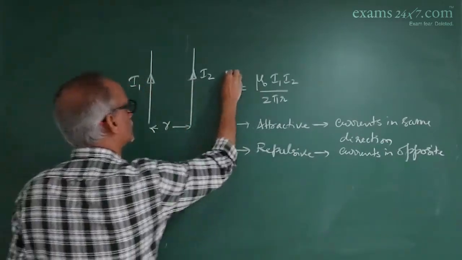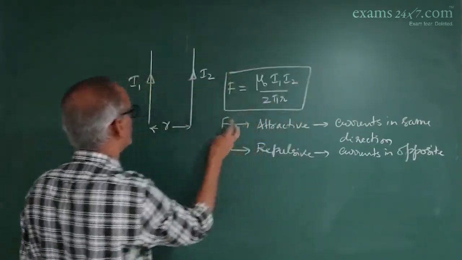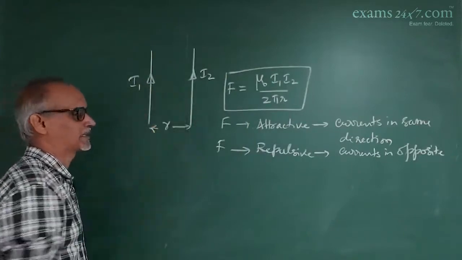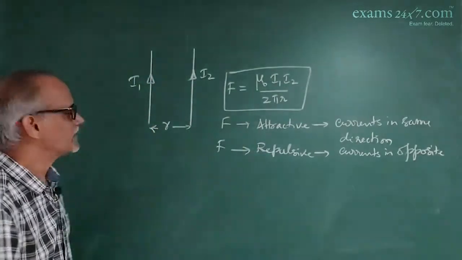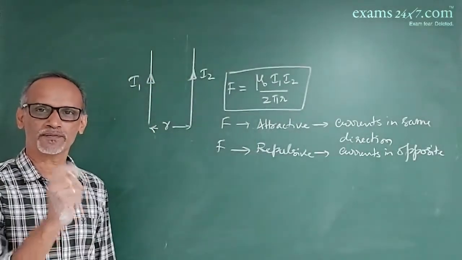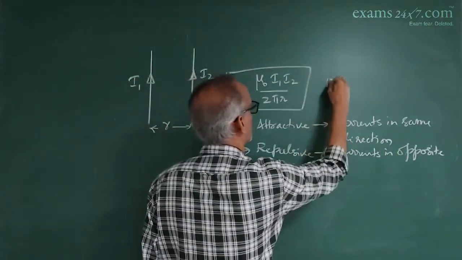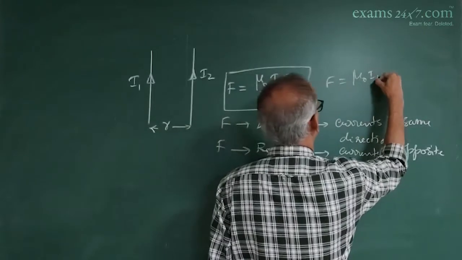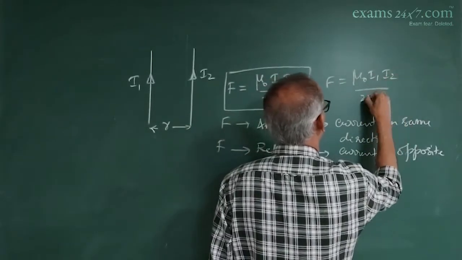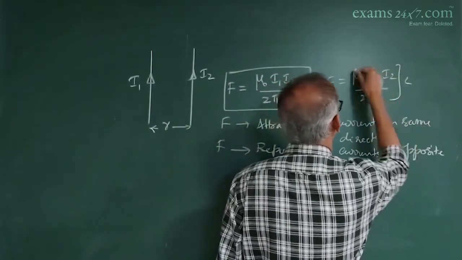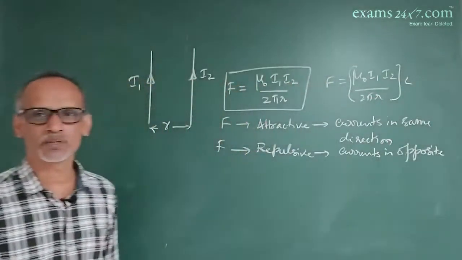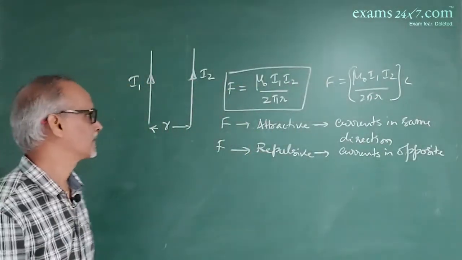And this is the formula used to find the force between two long straight conductors carrying current. If you want to find the force on a finite length of the conductor, then multiply this by L. F is equal to mu naught I1 I2 by 2 pi r, multiplied by the length of the conductor. You will get the total force on a conductor having a certain length.